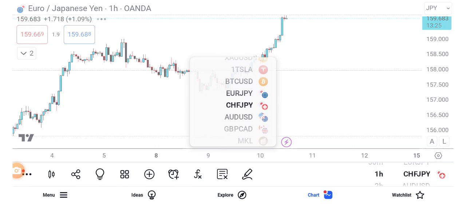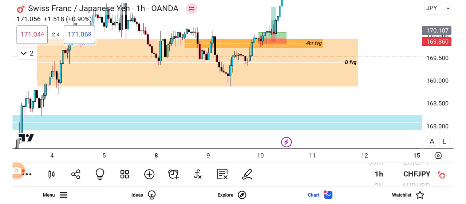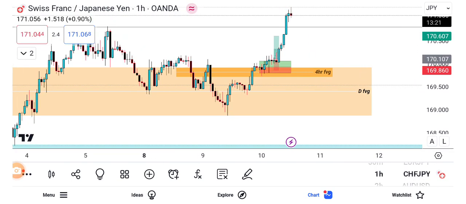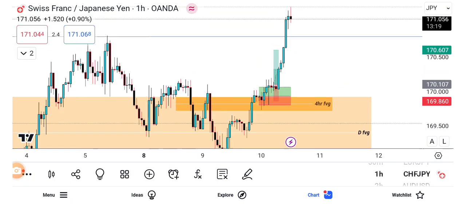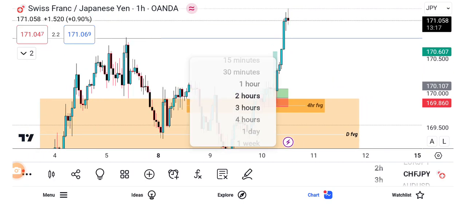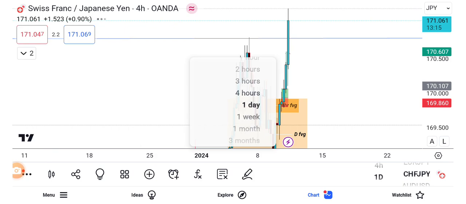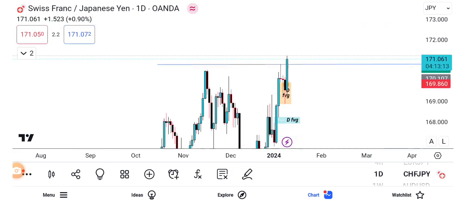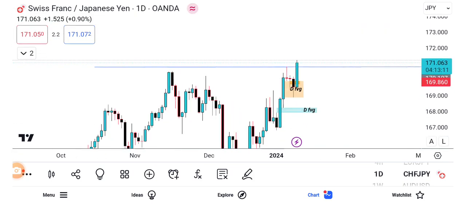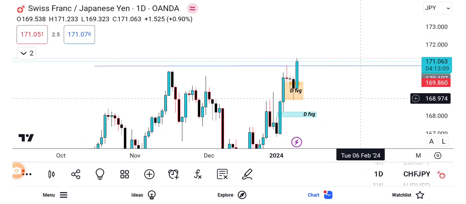So trade number two was also Swiss franc Japanese yen, and as usual, let's go to the higher time frame, and all the same, because this is the JPY, all the same, price action was the same.